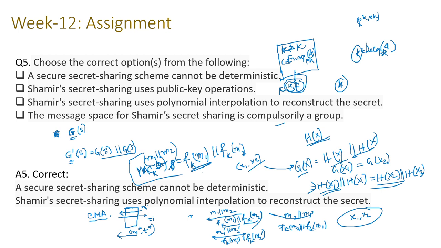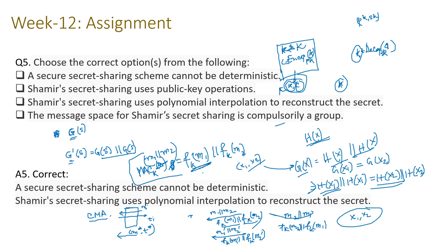If you are able to do that, then the ciphertext integrity property is not true for that particular encryption scheme. And if both CCA security and ciphertext integrity are there, then you are able to achieve an authenticated encryption scheme.